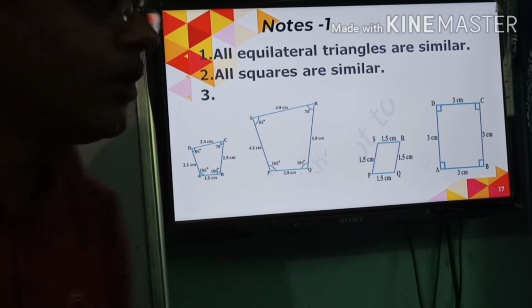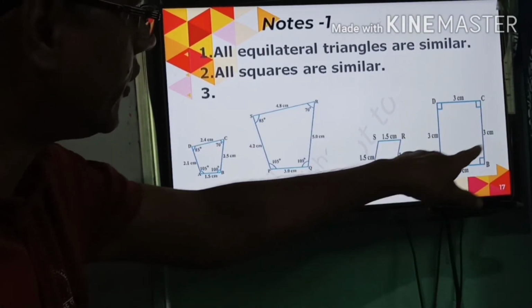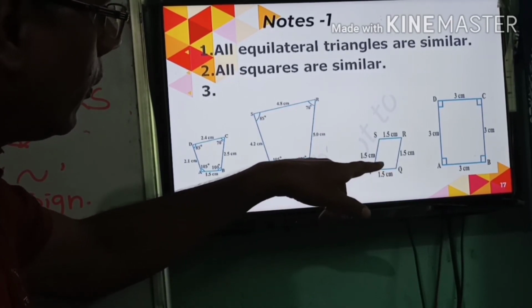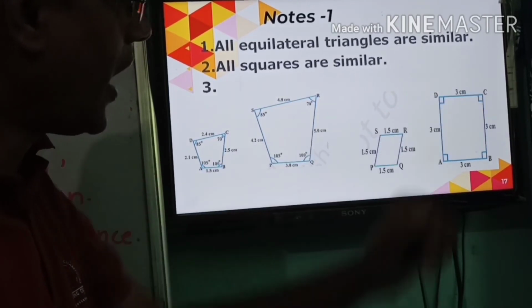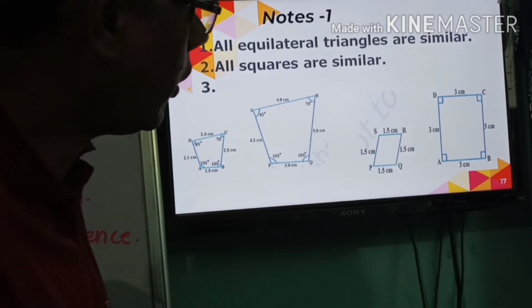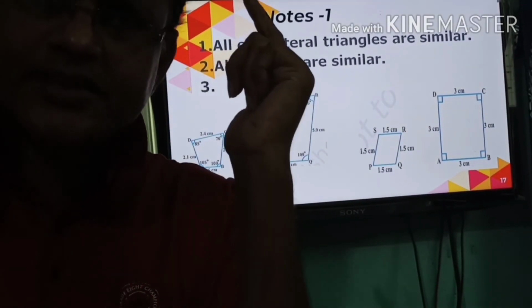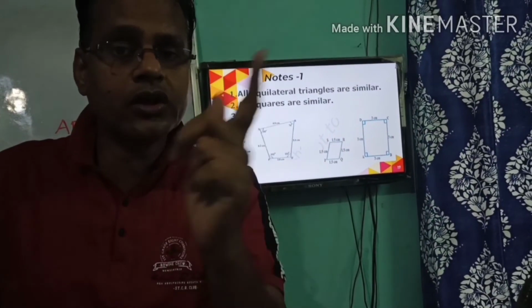What have you observed here? All the angles of this rectangle are 90 degrees. But if it is a rhombus, the angular values do not match with respect to ABCD. So here the sides are proportional, no doubt, but the angle values are not equal.